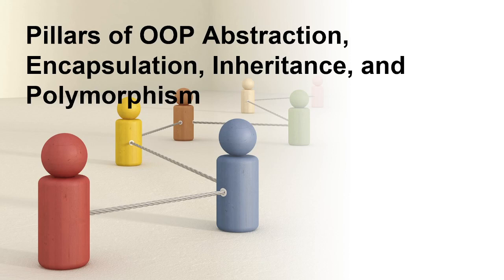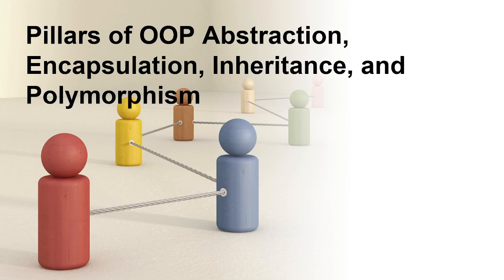From here onwards, we are taking the pillars of object-oriented programming, that is abstraction, encapsulation, inheritance, and polymorphism. First of all, we'll be taking encapsulation.